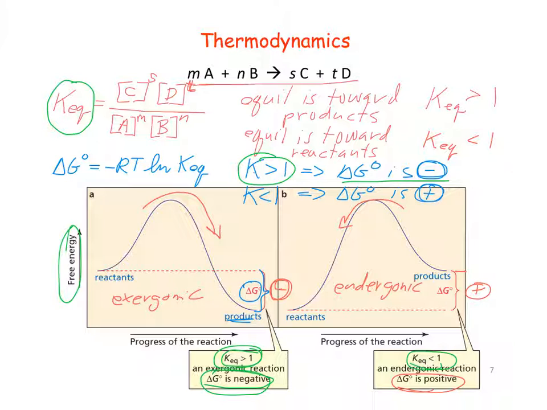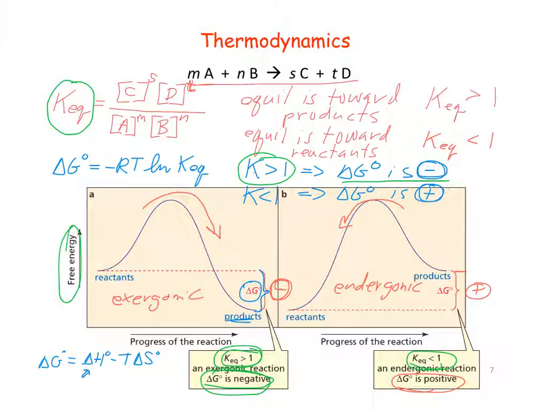So what is free energy made up of? Is it just by itself? Well, free energy is also made up of two different terms. We have it equal to delta H minus T delta S.